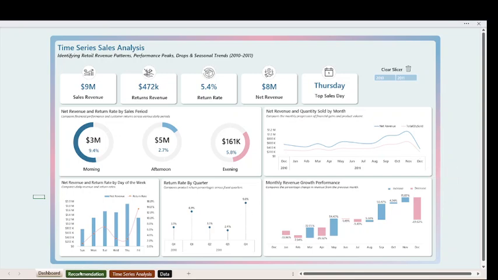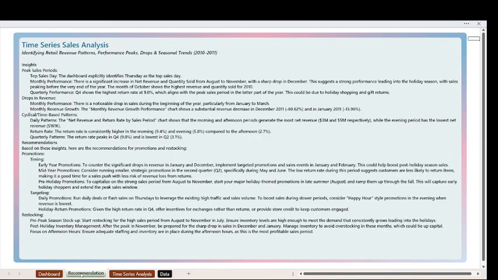Then moving on to my recommendations: my analysis shows that Thursdays are the top sales day. Also for monthly revenue, there is strong performance from August to November, then a sharp drop in December.